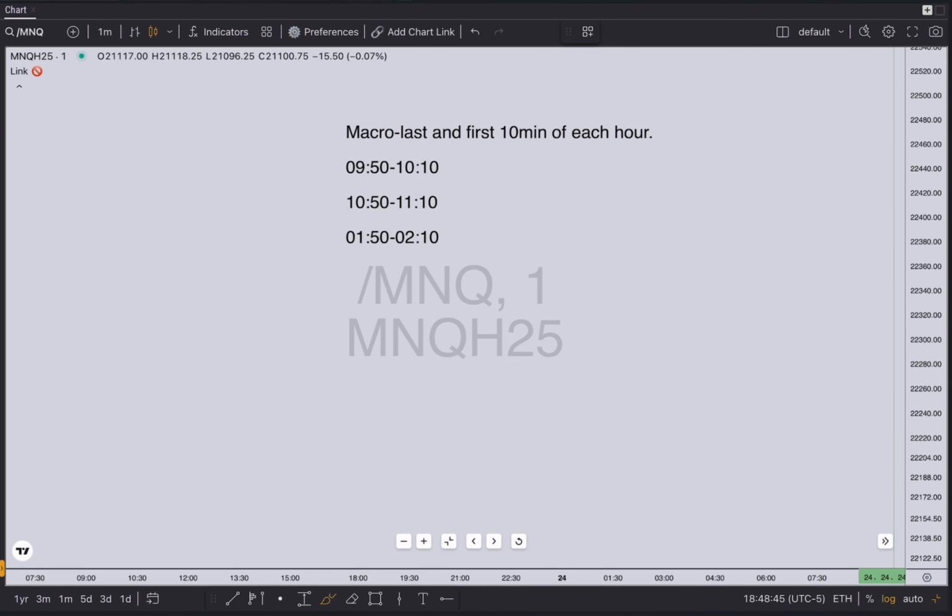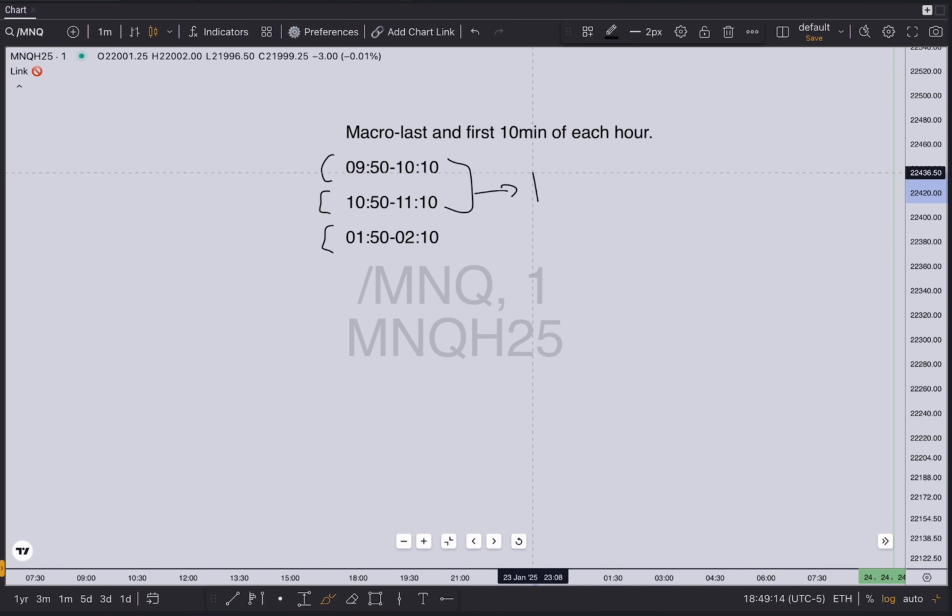There are specific macros that perform better, that have more speed, that have more liquidity, and those are the ones that we're going to be focusing on, right? The macros that we're going to be focusing on mainly in this mentorship, or in these lecture series, are three macros: the 9:50 to 10:10 macro, the 10:50 to 11:10 macro, and the 1:50 to 2:10 macro.